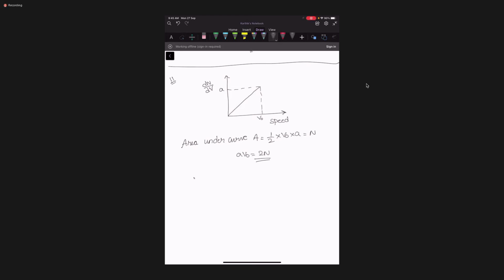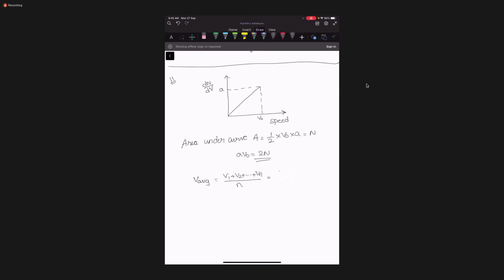Now we need V average. What is your V average formula? We know it is V1 plus V2 plus up to Vn divided by N. Correct? I take N common. We'll take the other formula which is there for this.